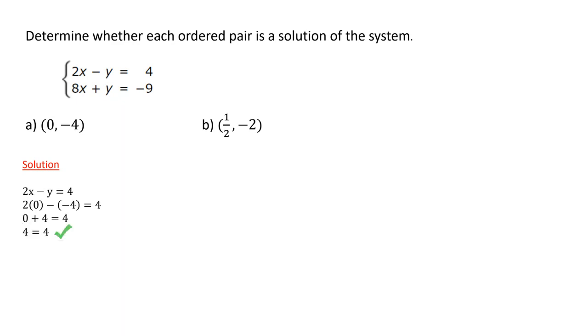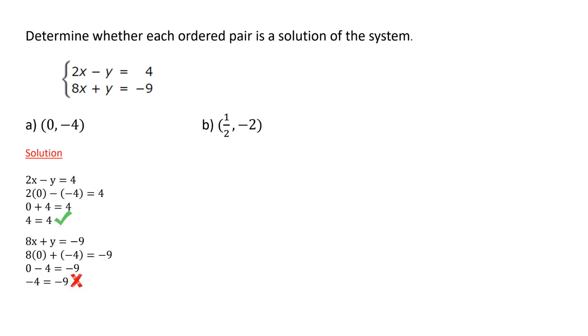If we simplify, then we have that 4 is equal to 4, and that is a true statement. So we say that it satisfies the first equation. However, in order for it to be a solution, the point must also satisfy the second equation, so we need to check the second equation. For x, I replace it with the 0, and for y, I replace it with a -4.